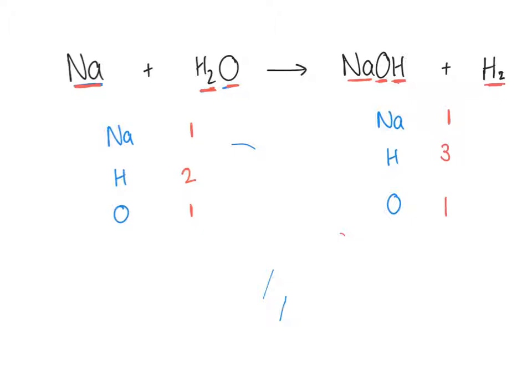Okay, so we can see from my list that my equation is not balanced because I have a different number of hydrogens on the left hand side than on the right hand side. So I need to fix that.